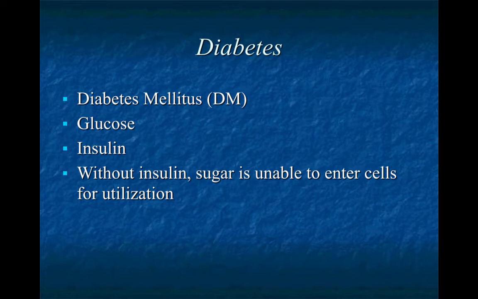Diabetes mellitus is the inability, or decreased production, of insulin. So either you can't produce it, or you have a decrease, or your body doesn't recognize your insulin. Either way, insulin is not used properly by your body.